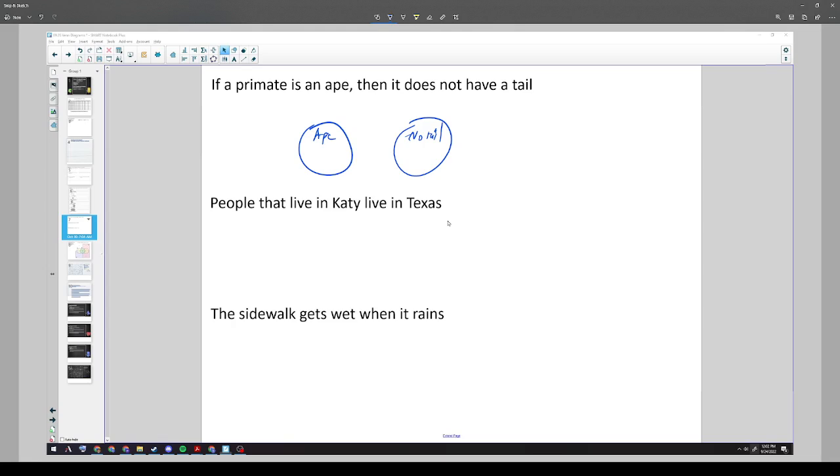In this case, it said that Coco is a primate, because this whole box here was primates, that is not an ape. And it was asking, can we draw the conclusion that Coco does not have a tail?